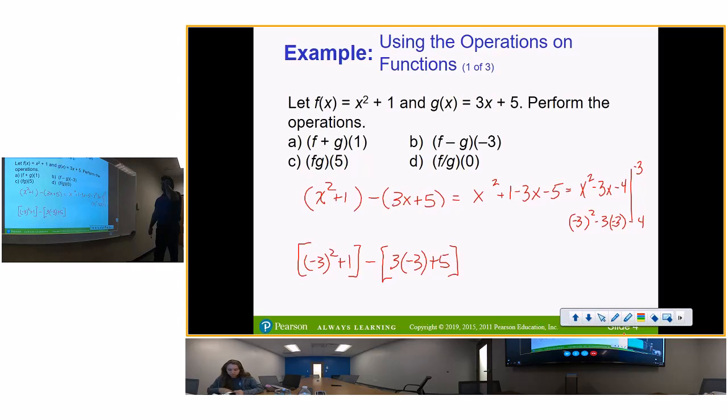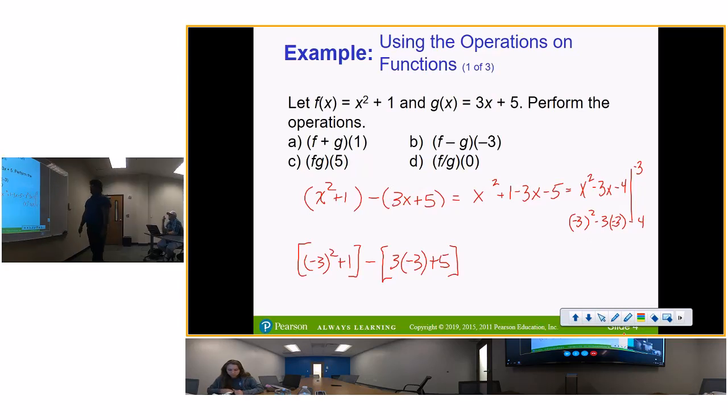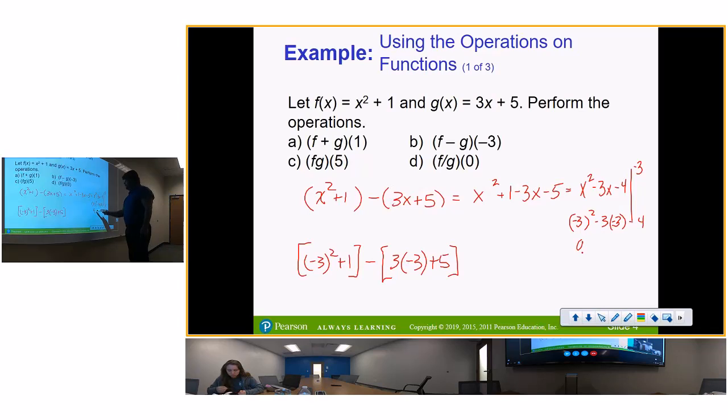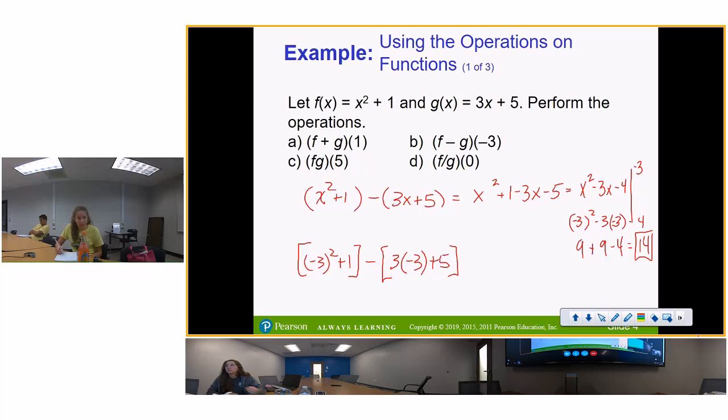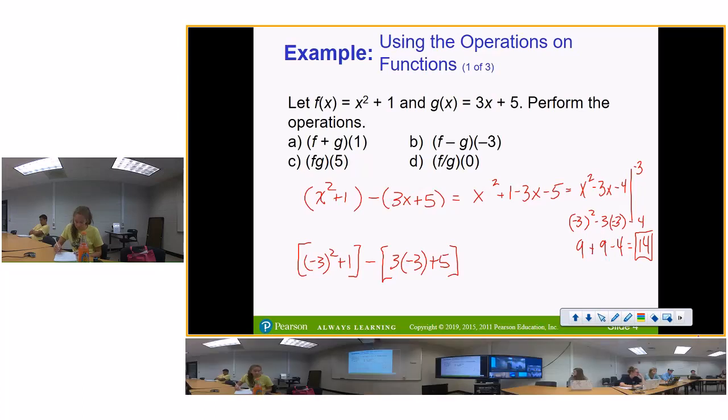All right, what's negative 3 quantity squared? 9 plus 9 minus 4. 9 plus 9 is 18, minus 4 is 14. Miss Shuttleworth, what'd you get? I got 14. Miss Whiten, what'd you get? 14.